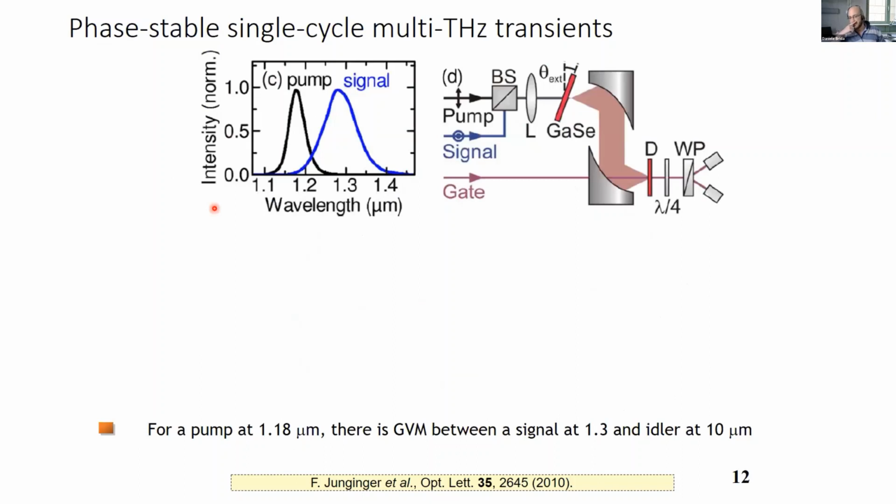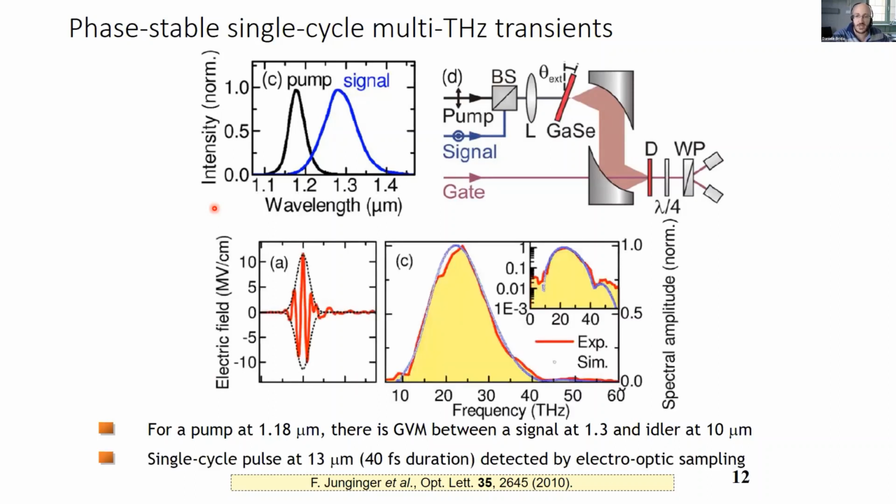This is why I was showing the two pulses at 1.2 and 1.3 micron: if you have such pulses at your disposal, which you can easily generate via standard OPAs, you can generate, via intrapulse difference frequency generation in, for example, gallium selenide, very intense radiation that reaches one single cycle of the optical radiation with very high efficiency for this frequency range.